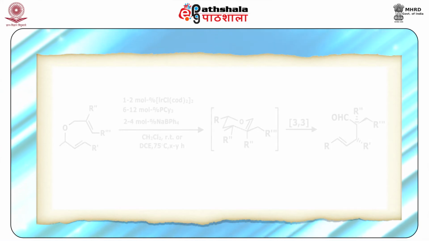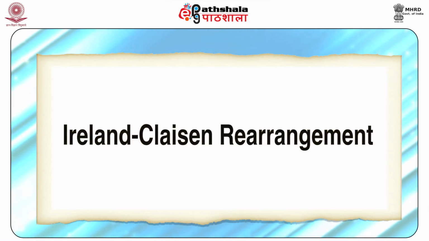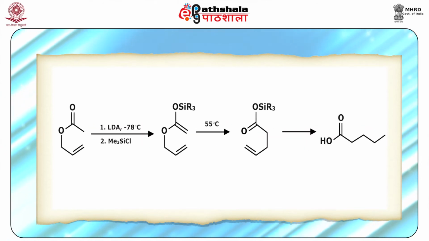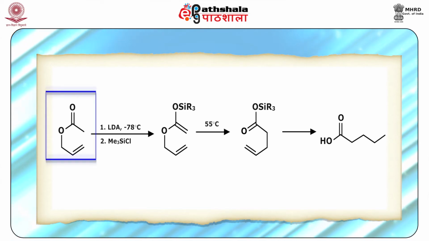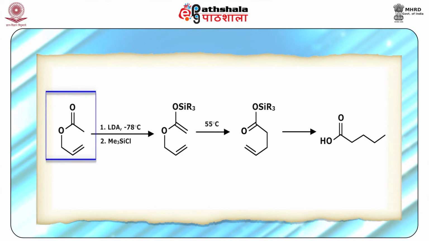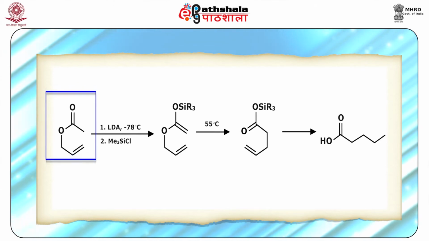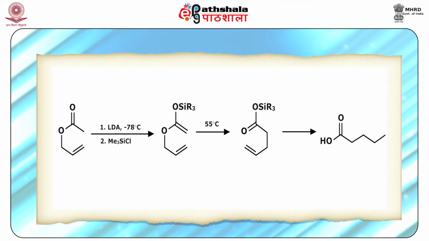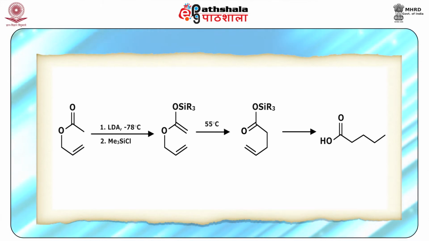Next, let us talk about the Ireland-Claisen rearrangement. This is a variant of the Claisen rearrangement where allyl ester of a carboxylic acid undergoes the rearrangement instead of an allyl vinyl ether.